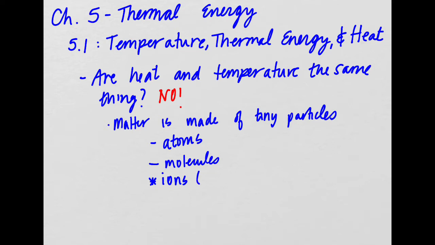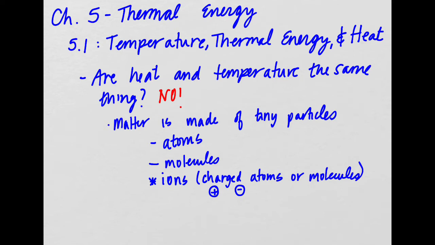Ions are charged atoms or molecules. You're not going to really need to understand ions until we get into our section on chemistry, but just know charged means they have a plus charge, they're positive, or they have a minus charge, they're negative. So they can be atoms or molecules, but they're just a different type of atom or molecule.